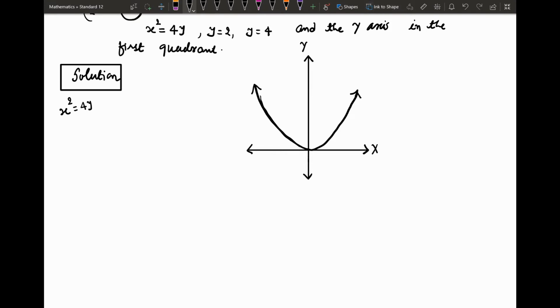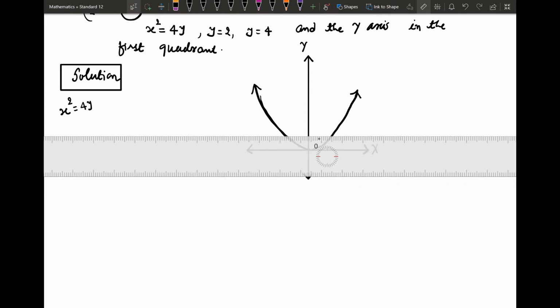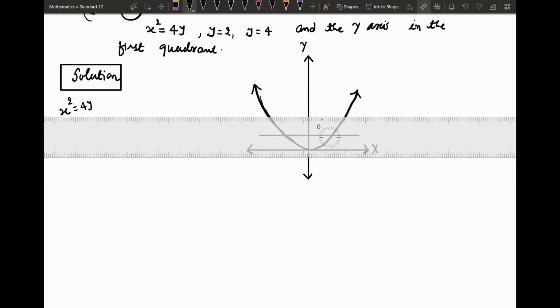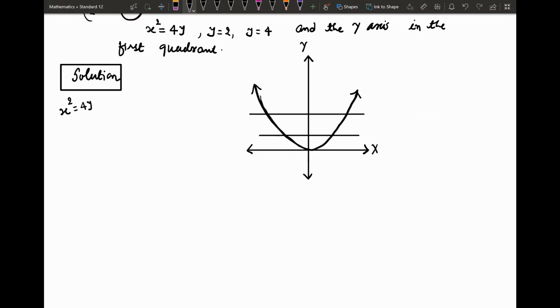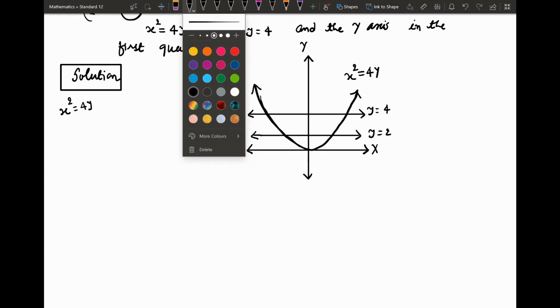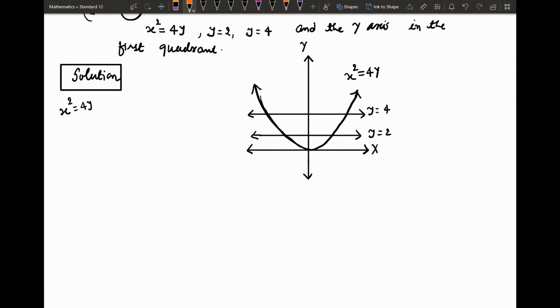Now y equal to 2 and y equal to 4, so this is y equal to 2, y equal to 4. Now this is x square equal to 4y, and the bounded region lies in the first quadrant.